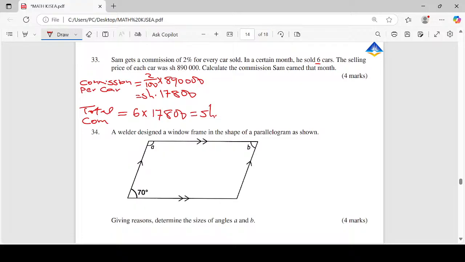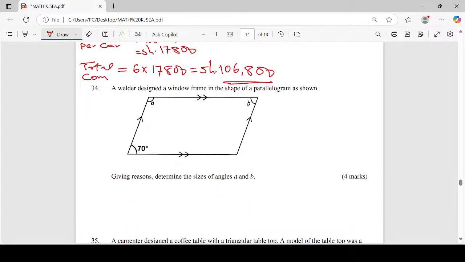That is 106,800 commission. So the easiest way, learners, is to first get the commission per car. After getting the commission per car, you can now multiply that by 6 cars, the number of cars sold in that month, to get the total commission in that month.